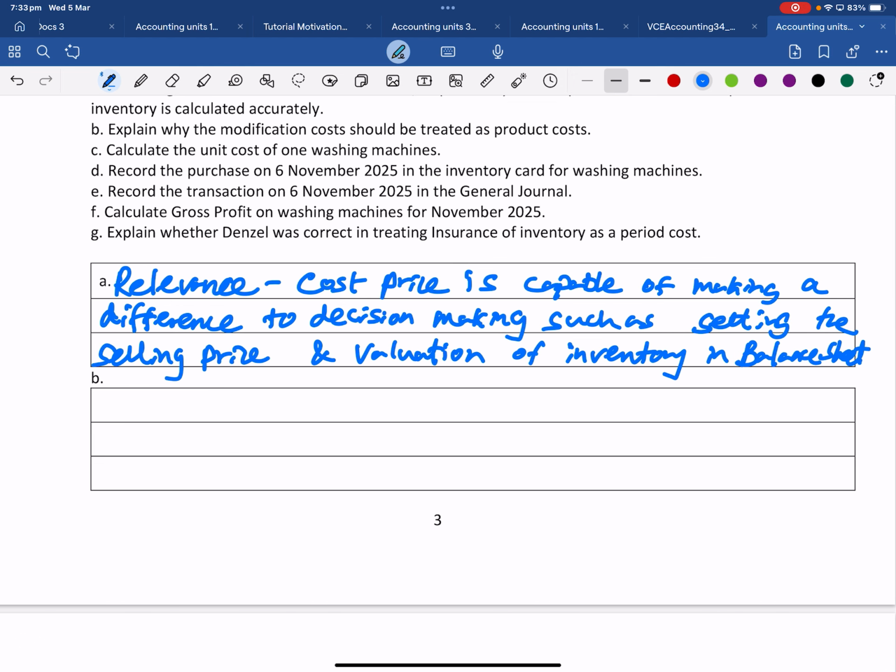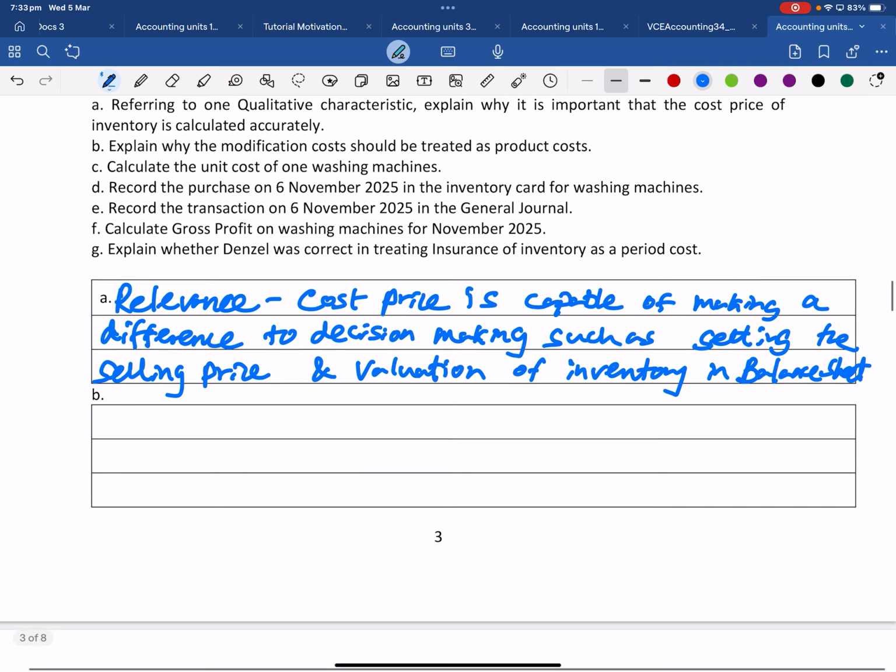For a product cost, how would you answer it? We would say modification cost is treated as a product cost. Why?